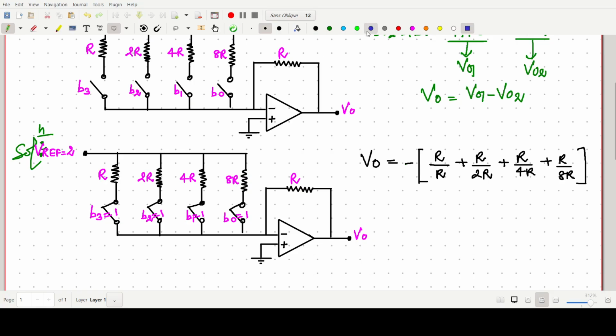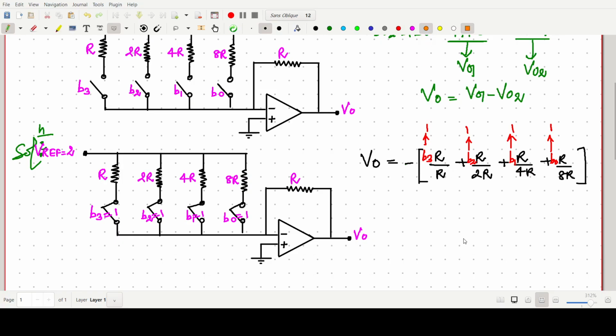Now for simplification, we can also write B3, B2, B1 and B0, but when it is 1, then all are 1.